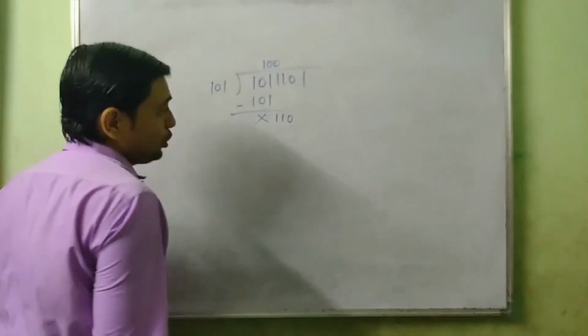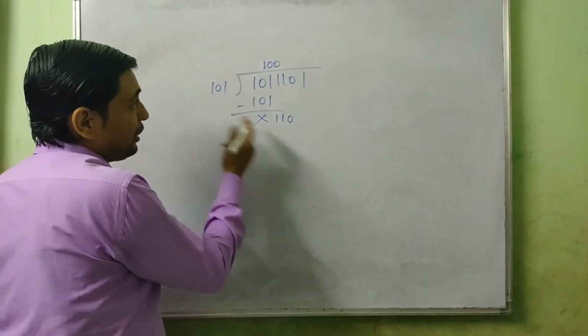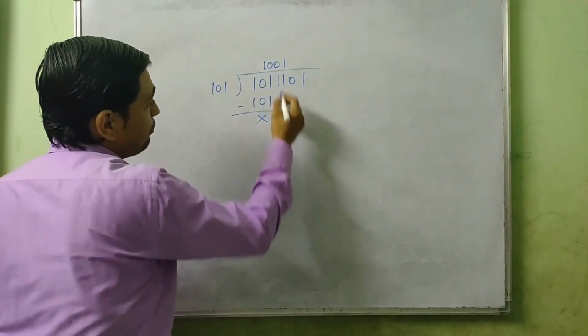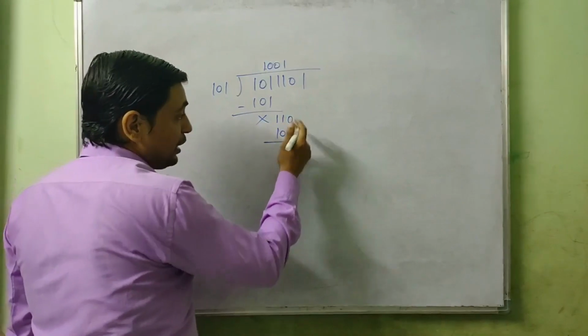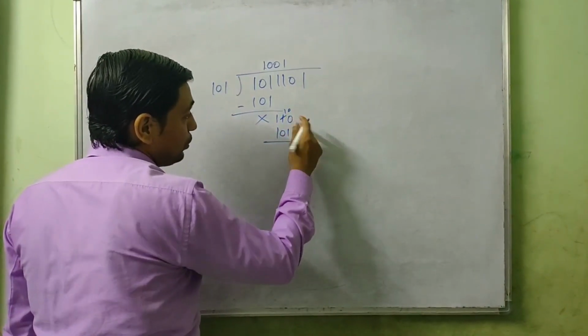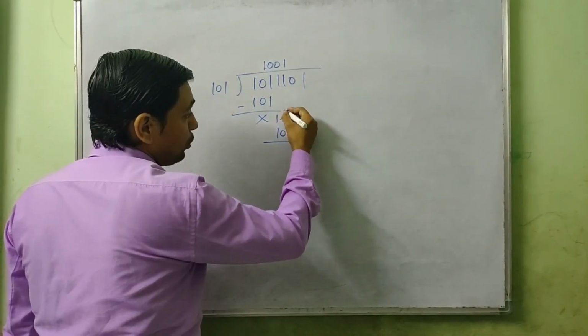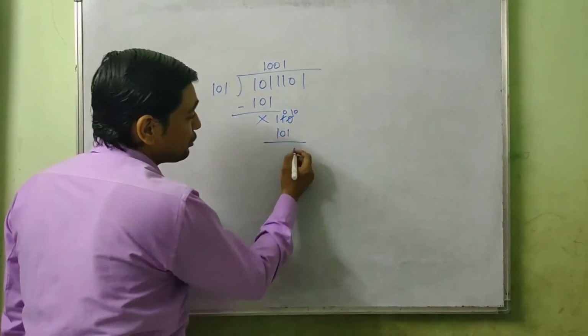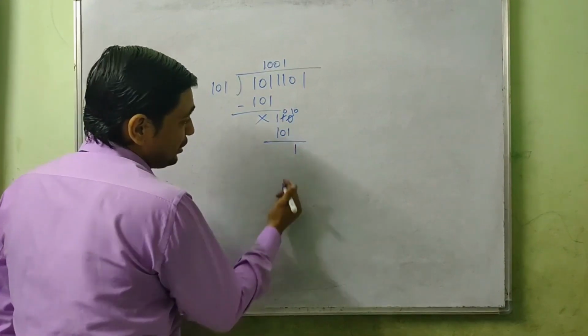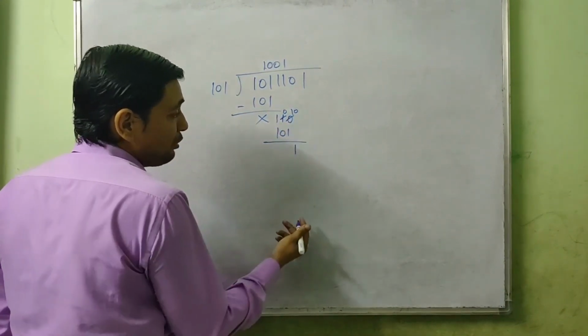Now 0 will come. Now definitely you can do something. So 101 multiplied by 1, so it will be 101 itself. So definitely again you have to take a borrow, so this will become 0 and this will become 10. 10 minus 1 will lead to 1, 0 minus 0 will be 0, 1 minus 1 will be 0.